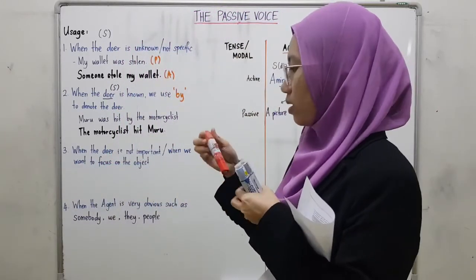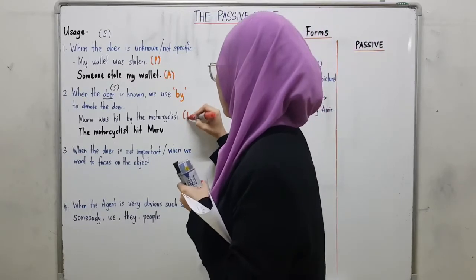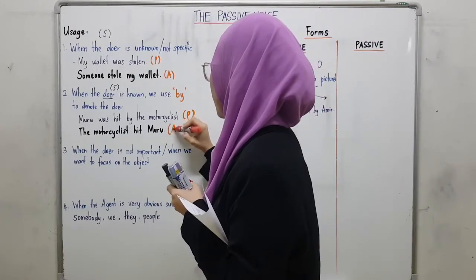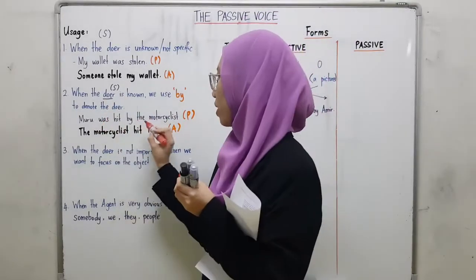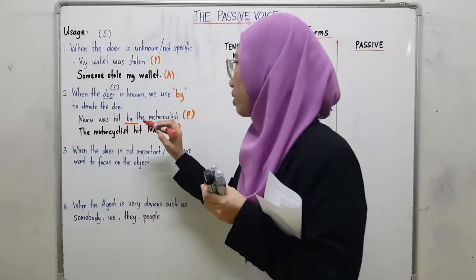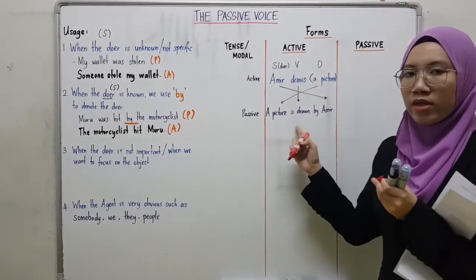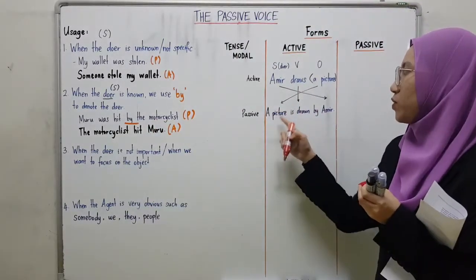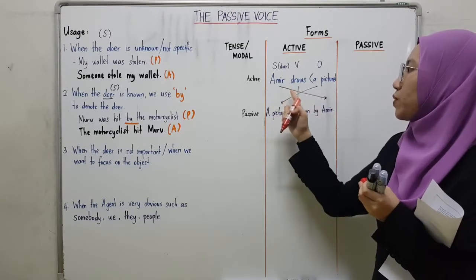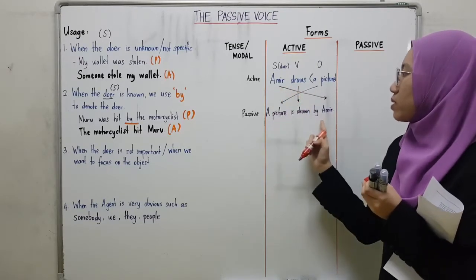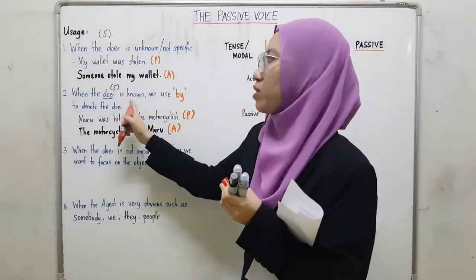So the first one is passive, second one is active. So remember, when you know who is the doer, you have to add by. Okay, so macam yang example before this yang tadi cikgu bagi first tu, ni pun kategori awak tahu who is the doer, Amir.